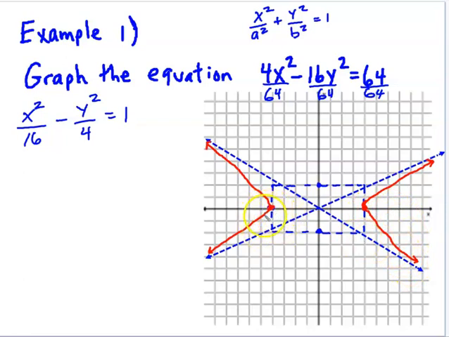Okay, so there's the graph, and now we need to include the foci. Here's another difference than what you just learned in the previous lesson. The way we find foci for hyperbola is actually using the Pythagorean theorem. So everything is switched. When we dealt with ellipses, the equation had plus.